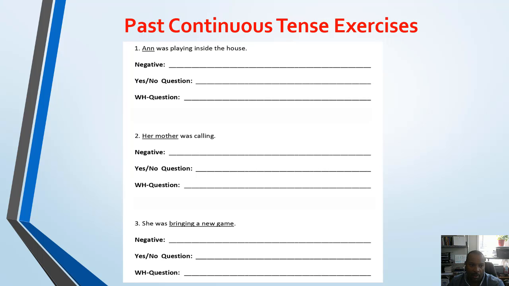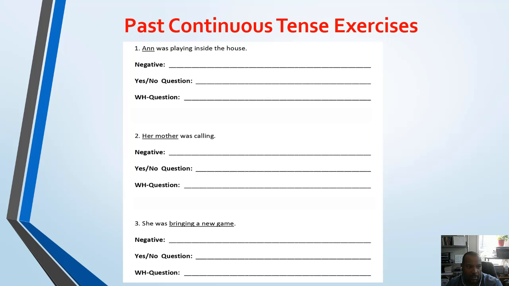Okay. Number 2, her mother was calling. If I rewrote this as a negative, I would say her mother was not calling. If I rewrote this as a WH question, I would write, who was calling?